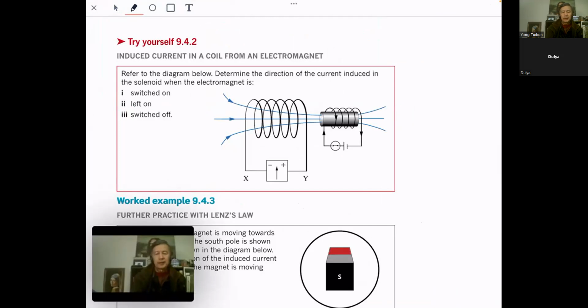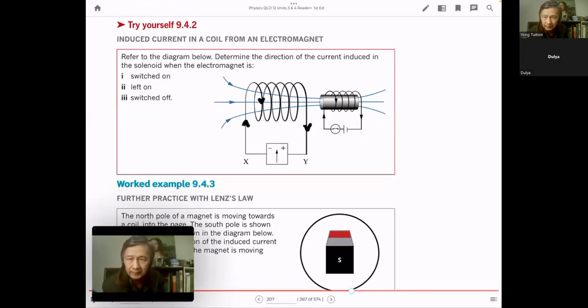The last case, the third case. Then the current would move this way, I think. Yes, that's right. In this case, the current will move this way, which is opposite to the first scenario. Do you agree? Okay, you have done it.